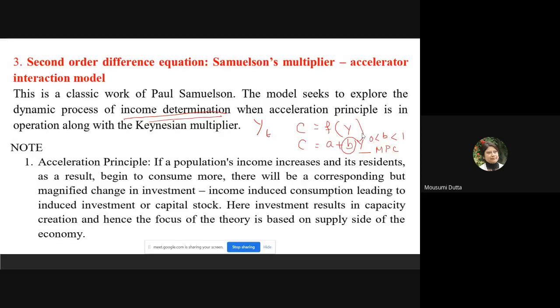So remember that though consumption is a positive function of income, for different income groups in the society there is a difference in this positive relation. For the high income group, this B is very low. For low and middle income groups, this B is close to 1.